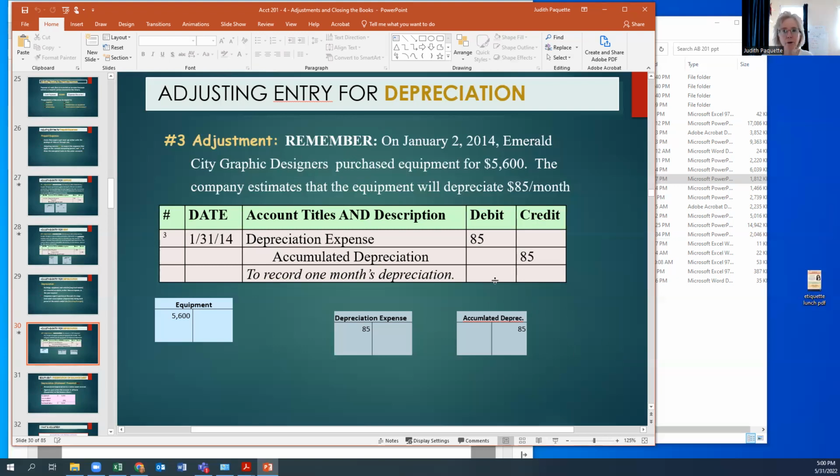It's going to grow and grow and grow until it gets all the way to 5,600, or as close as possible if there's salvage value. So when this asset's fully depreciated, accumulated depreciation will be $5,600 and the book value will be 0. But once a month, in this example, it's going to be 85. Debit depreciation expense, credit accumulated depreciation.